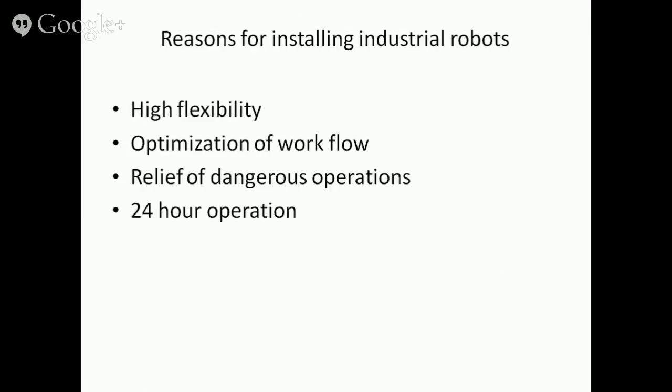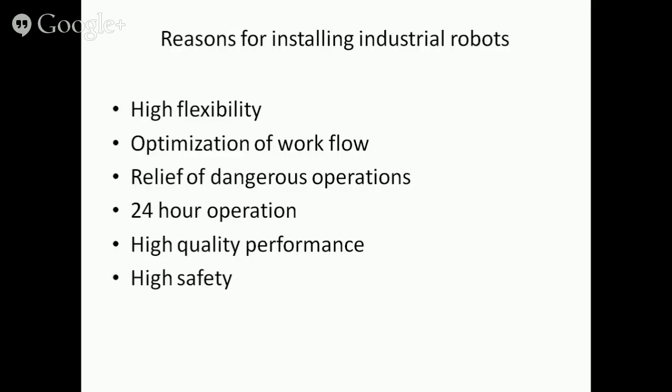Robots can work for 24 hours without getting tired. Once set up and programmed, robots perform a job always with the same high quality and in an absolutely safe way.